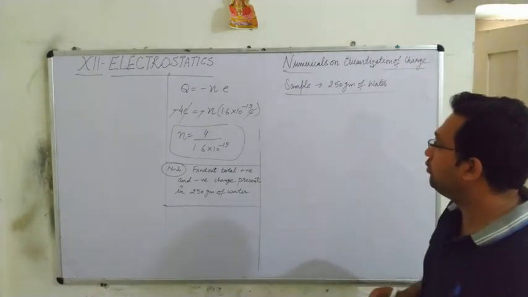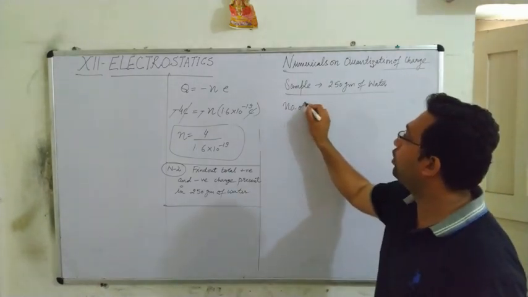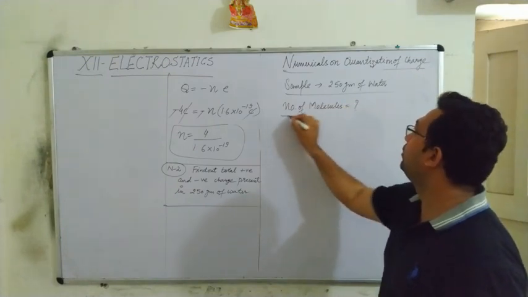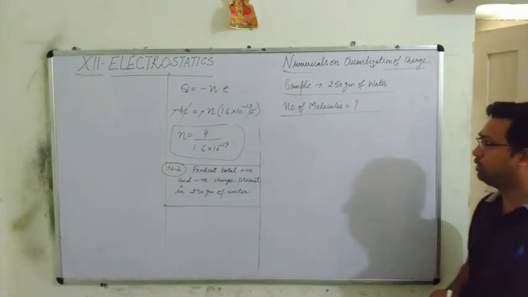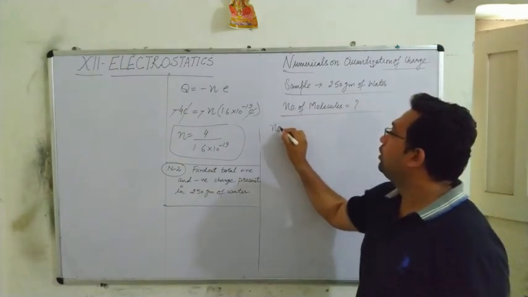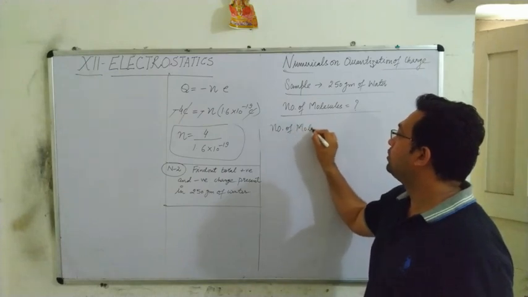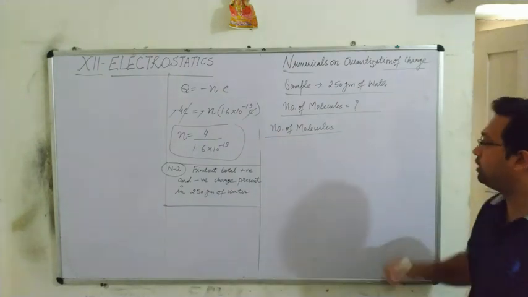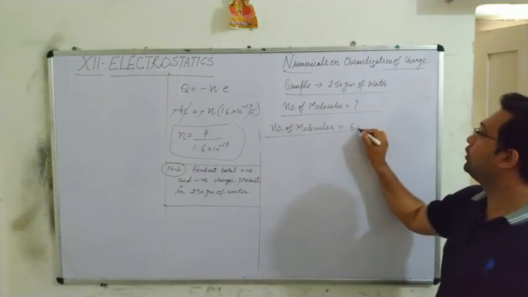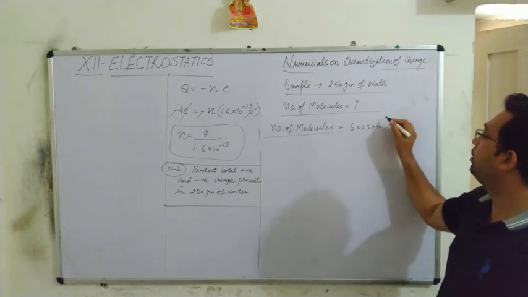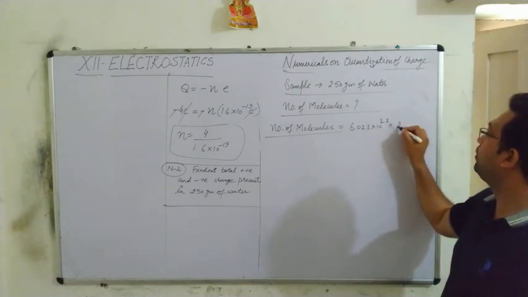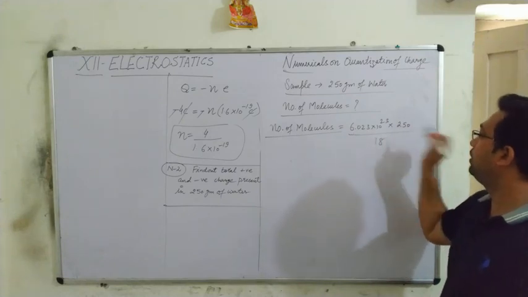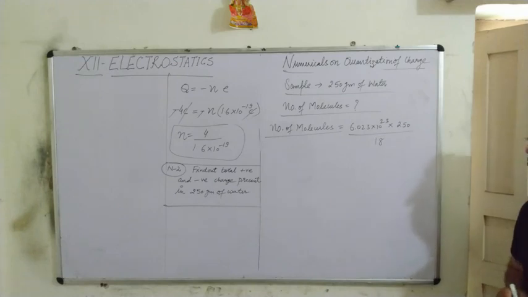Now first of all we have to find out the number of molecules in 250 gram of water. We can find the number of molecules by using Avogadro number, 6.023 into 10 power 23, into 250 gram, that is the amount of sample, upon the molecular weight of water, that is 18.